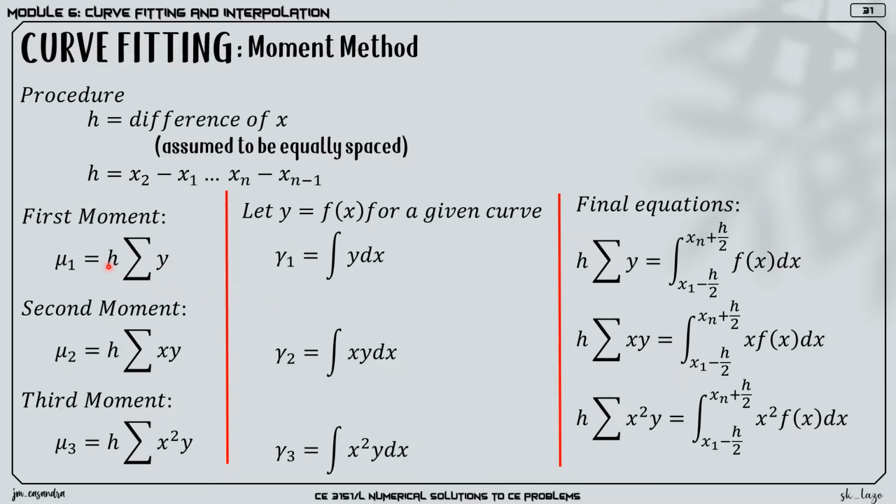Basically, h is replaced by dx and the sigma sign is replaced by the integral sign. And the limits of integration for the final equations are the same for all moments, which is given by x sub 1 minus h over 2 and x sub n plus h over 2.